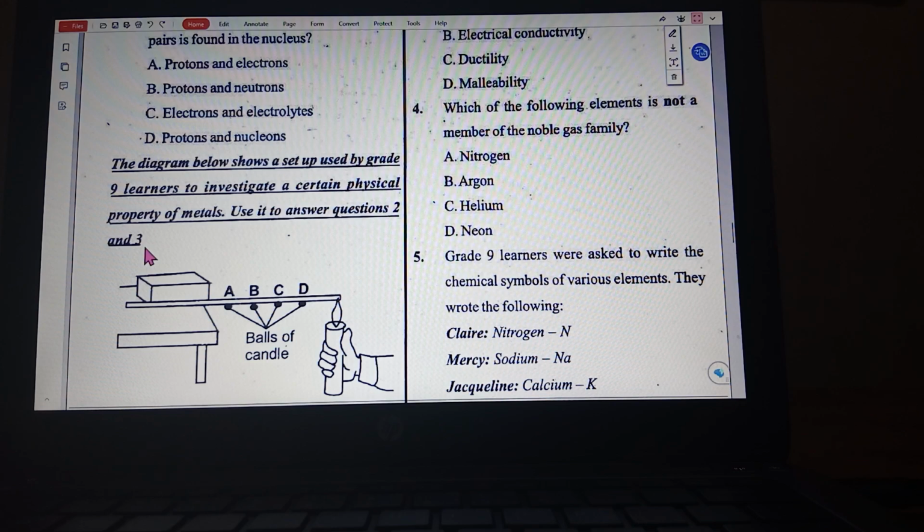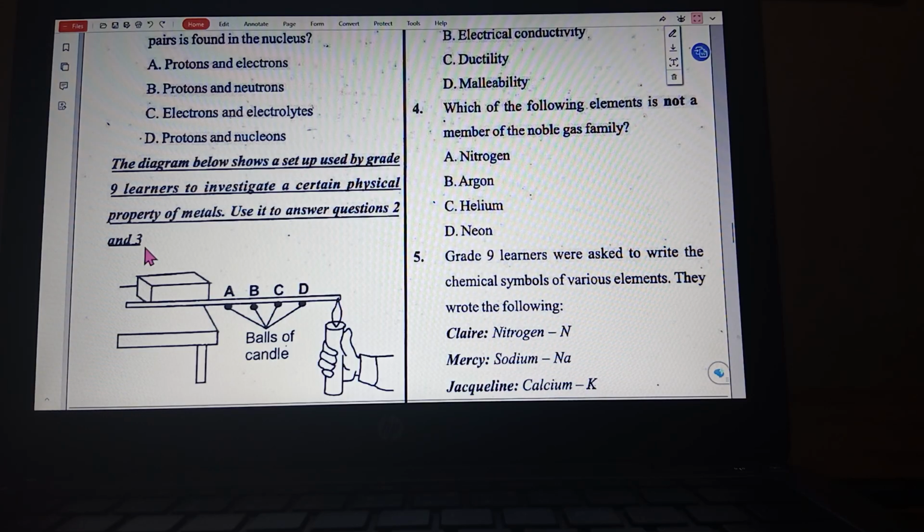Now, how many physical properties of metals do we have? Electrical conductivity: metals are good conductors of electricity. Thermal or heat conductivity: metals are good conductors of heat. Malleability, the ability of metals to be hammered into tiny sheets.